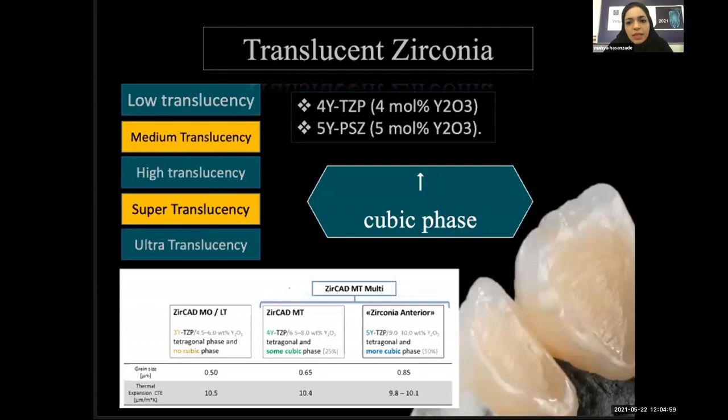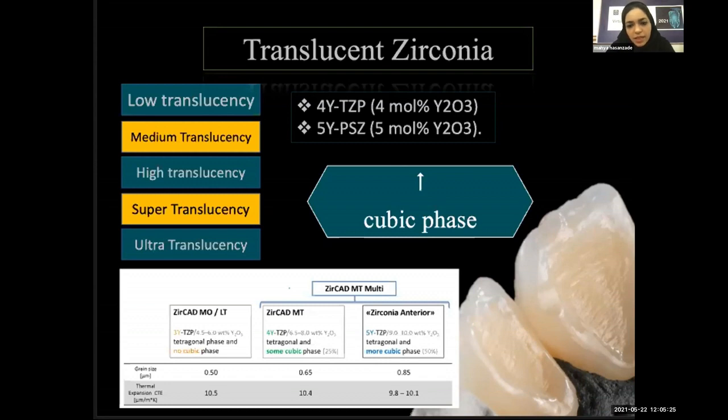Manufacturers have presented zirconia ceramics with different visible light transmittance percentages ranging from 20 to 50%. So nowadays we have 5 types of translucency in the market for zirconia, including low translucency, medium translucency, high translucency, super translucency, and ultra translucency.